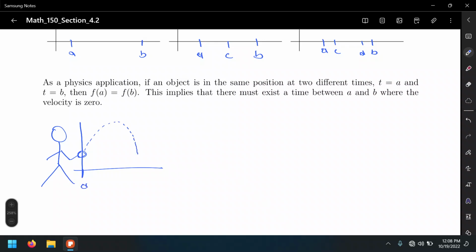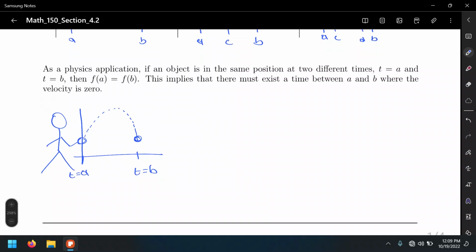Let's call this t equals A, and let's call this t equals B. When you throw up a ball, such as a football or a baseball, and you do the projectile motion, there will be two different times at which the ball will be at the same height. That is the f of A equals f of B condition of Rolle's theorem.